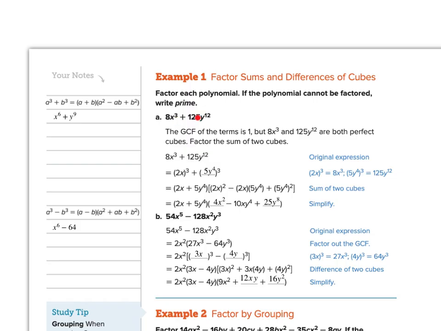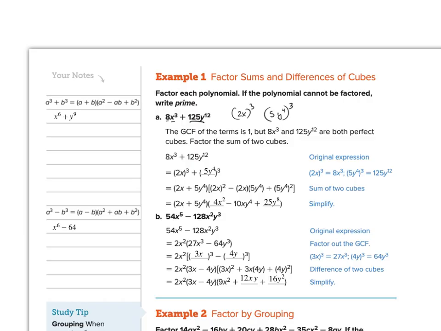Here, you have to be able to recognize that this is 8x cubed and this is 125y to the fourth. Well, these things are technically cubes, right? That is, I can say that we have 2x cubed, and I can say that that is 5y to the fourth, cubed.